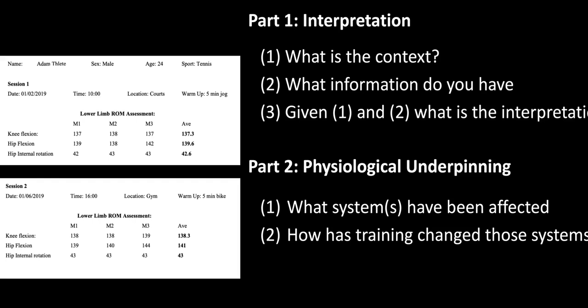So the systems that we're focusing on, Golgi tendon organs and muscle spindles, haven't been affected. That would have been the aim of the training program. Any changes we've got are likely due to the physiological effect of temperature on those muscles.